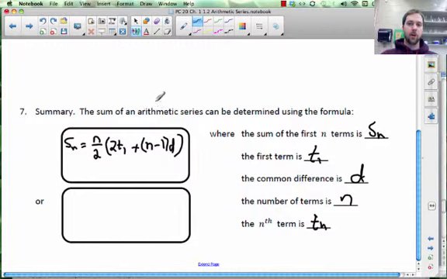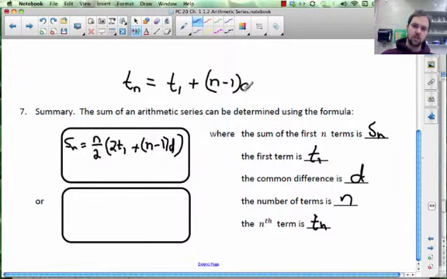Now, from our arithmetic sequences lesson, we learned that in order to find the nth term, tn, in an arithmetic sequence, we could take term 1 and add n minus 1 times d. So tn is the same as t1 plus n minus 1 times d.